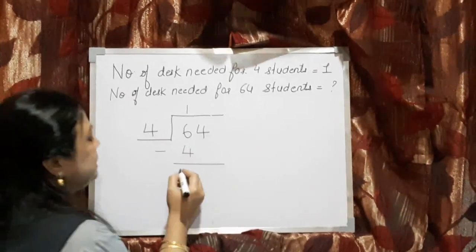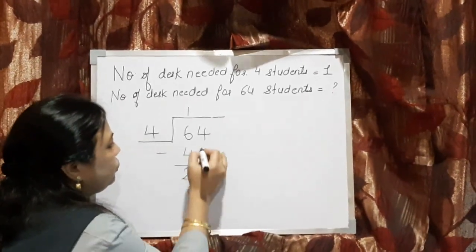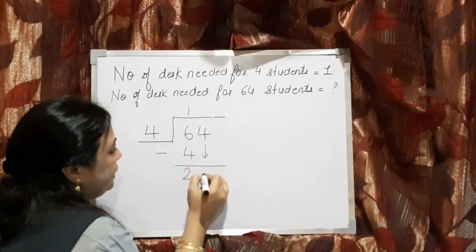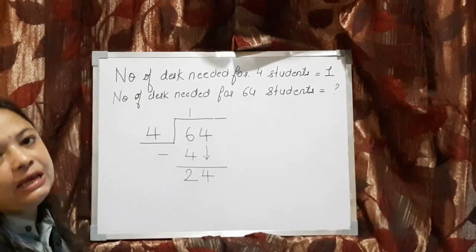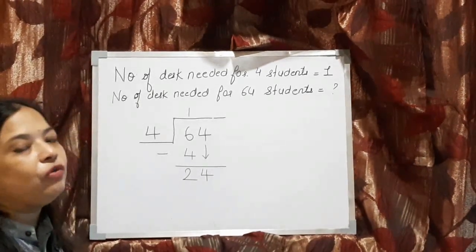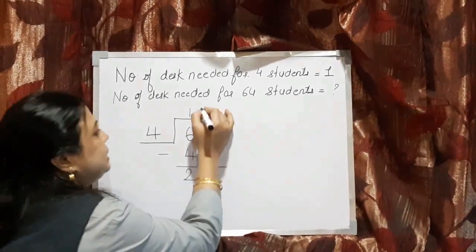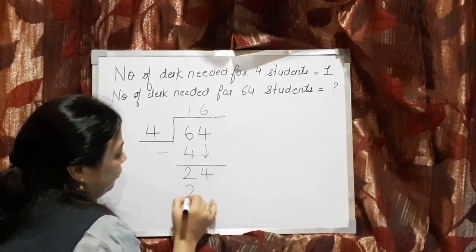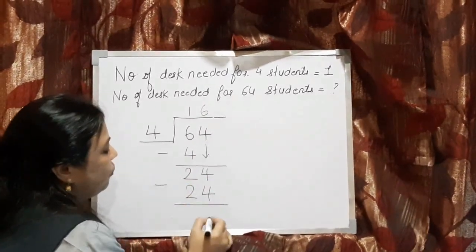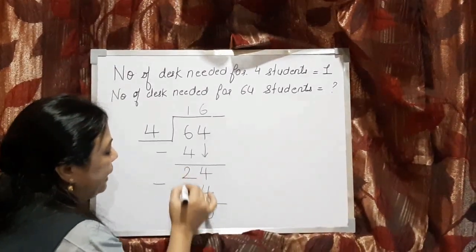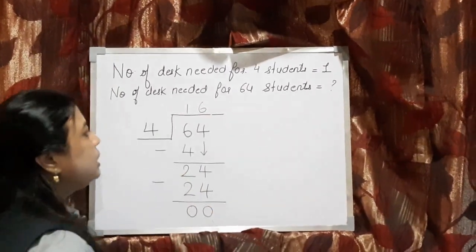6 minus 4 is equal to 2 and 4 we are going to bring down. So now our number is 24 and in the 4 table, 4 sixes are 24. When we subtract, 4 minus 4 is equal to 0 and 2 minus 2 is equal to 0.